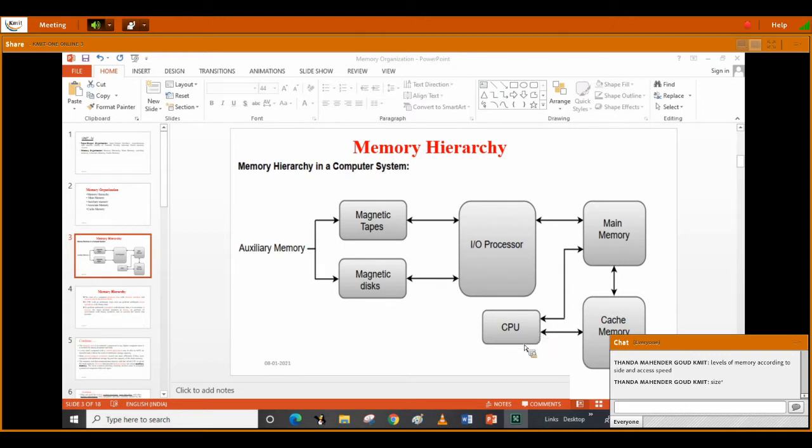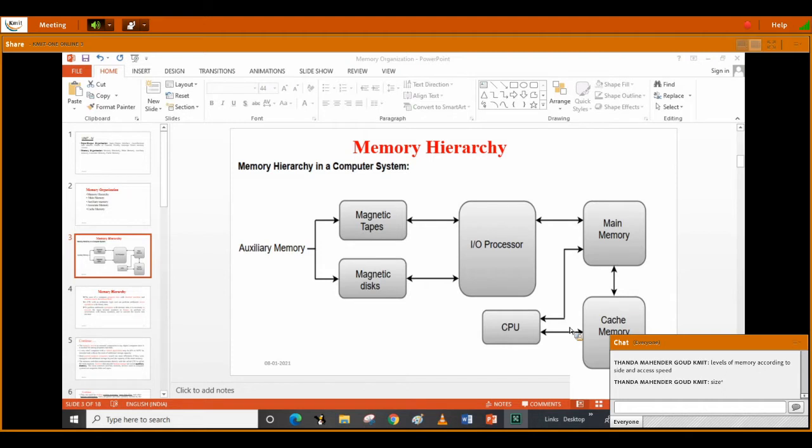Suppose the program is present in auxiliary memory, the secondary memory, then the CPU can't access the data. So the CPU can access instructions present in main memory only. The best example of main memory is RAM.